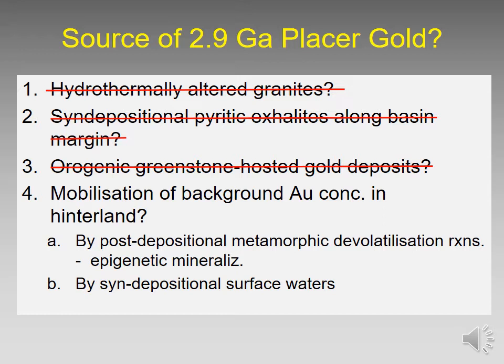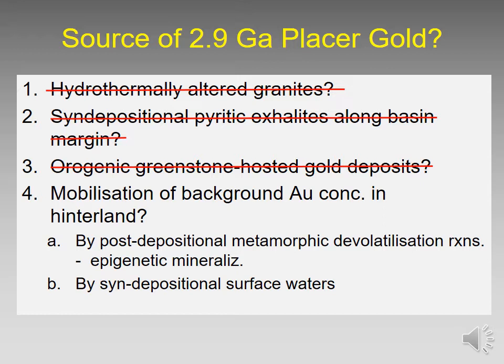And large-scale mobilization of background gold from the hinterland could be achieved in 2 ways. The one is by metamorphic fluids, and the other one is by syndepositional surface waters.